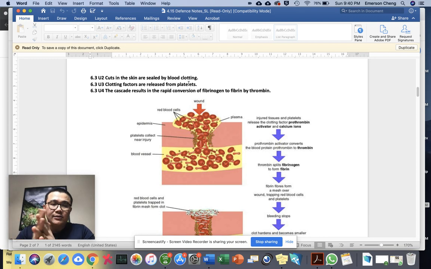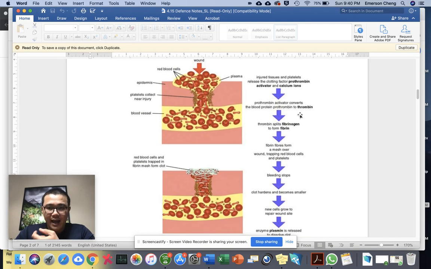Platelets in your blood are responsible for blood clotting. These platelets will release clotting factors, which are chemical signals, and then you have a cascade. When we say a cascade, it's a chain reaction.